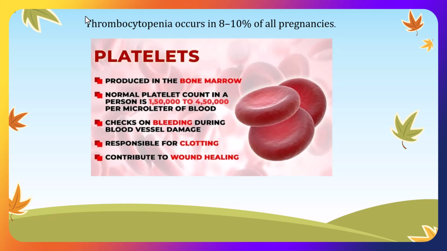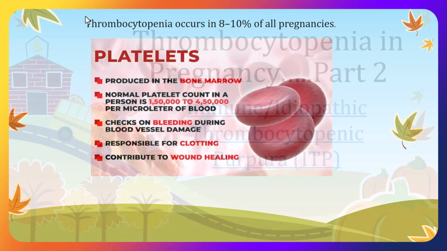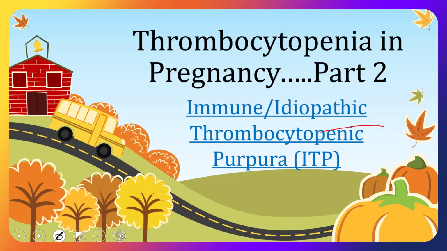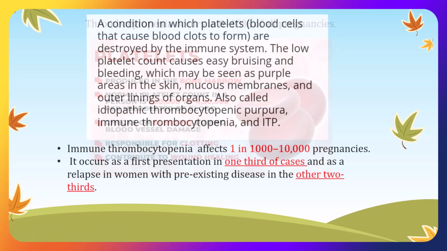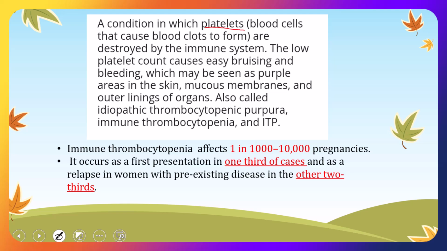And what about thrombocytopenia in pregnancy? Thrombocytopenia occurs in 8 to 10% of all pregnancies. So now we are going to define the condition of ITP. It is a condition in which platelets are destroyed by the immune system.